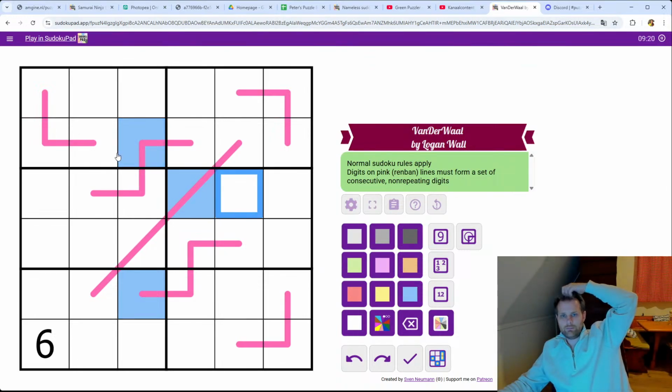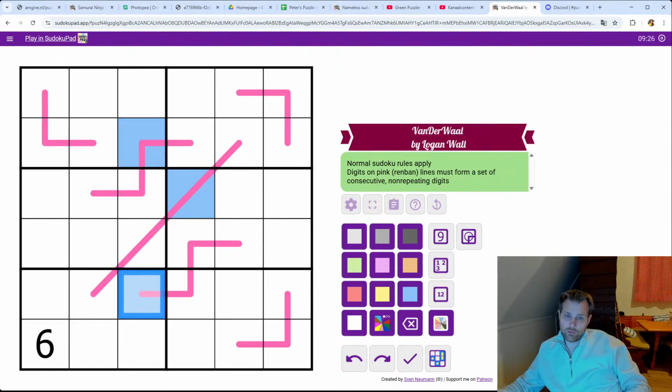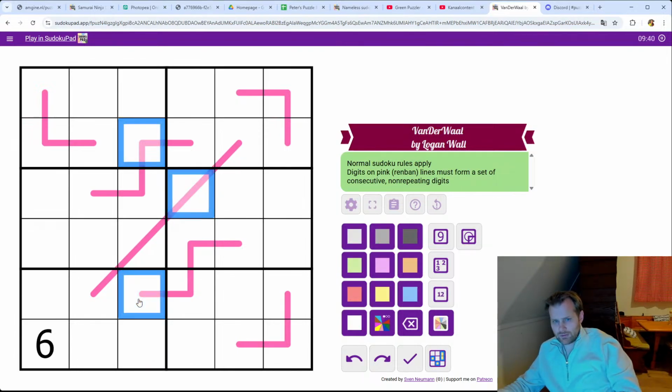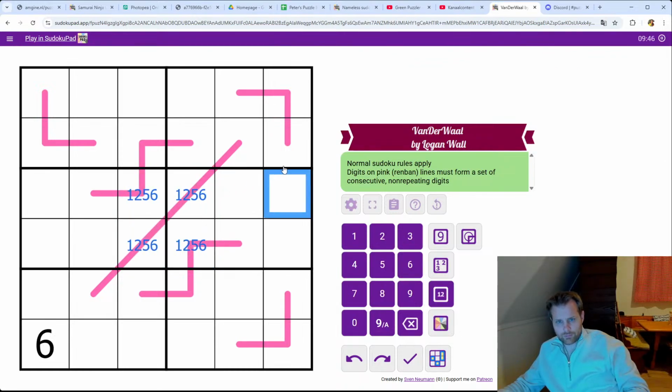Ah, okay. Alright. This is next level symmetry. No, not symmetry, geometry. So okay, so that means these are from 1 to 5, 6.